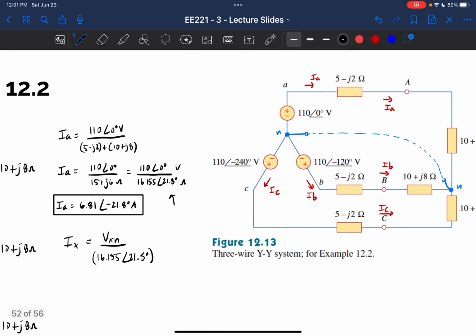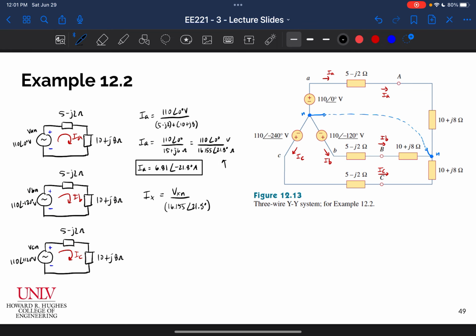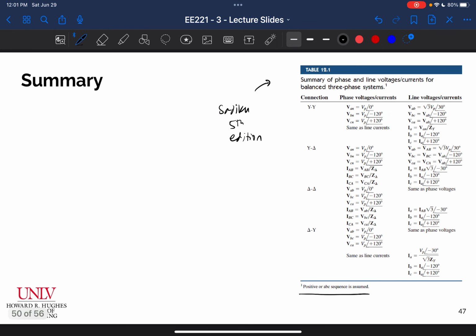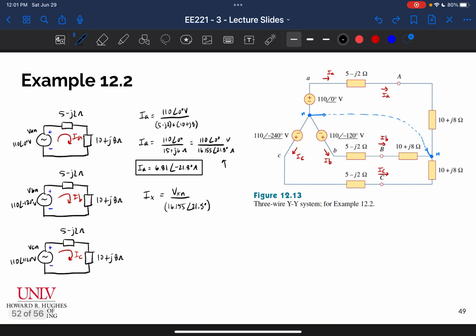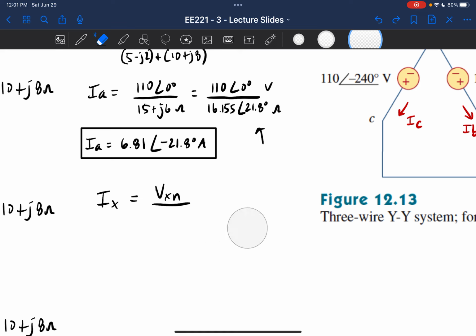That's our impedance for one of our lines plus our load, and they're all the same. So if we want, we can call that ZY, like the book called it in the table. We don't have to call it that. Let's call it ZLL, Z line plus load.